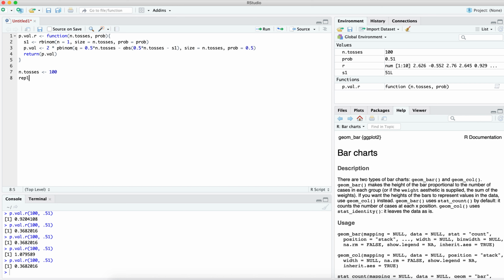So to do that, we just replicate this, let's say 1,000 times, and we'll say n tosses here, and we'll give it 0.51. Right? So those would be all the p-values. And then to know how often, let's try to run this.